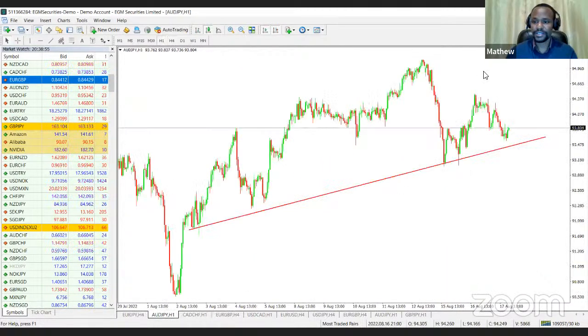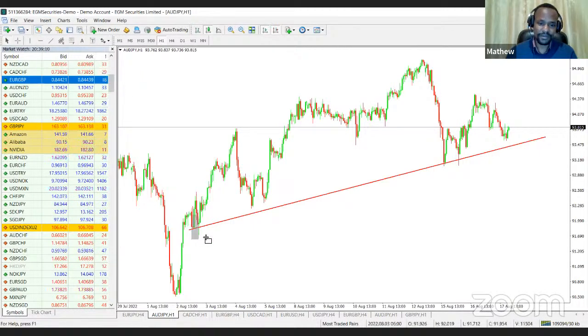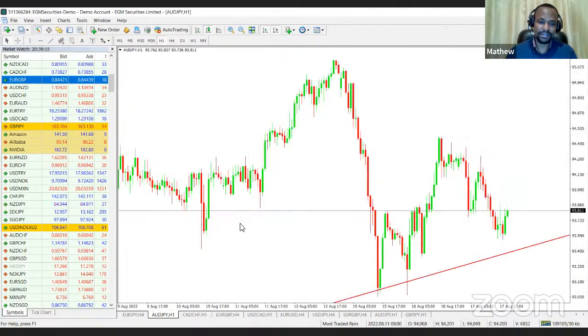Next we have Australian Aussie Yen. There's a level here which is appearing as an uptrend, and at the beginning we had a pin bar there. It formed, and after it a confirmation candlestick formed next.